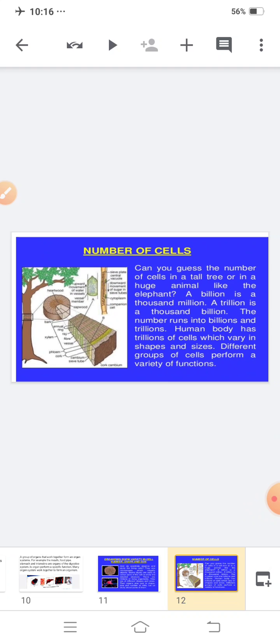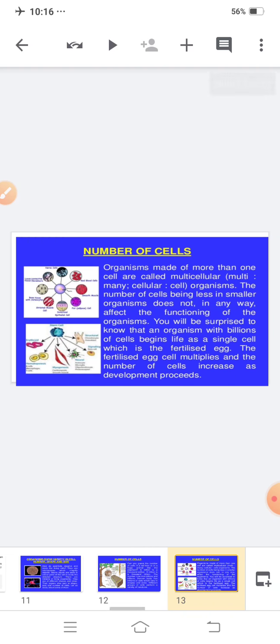The human body has trillions of cells which vary in shape and size. Different groups of cells perform a variety of functions. On the basis of number of cells, organisms can be classified into two types: number one, multicellular, and number two, unicellular.